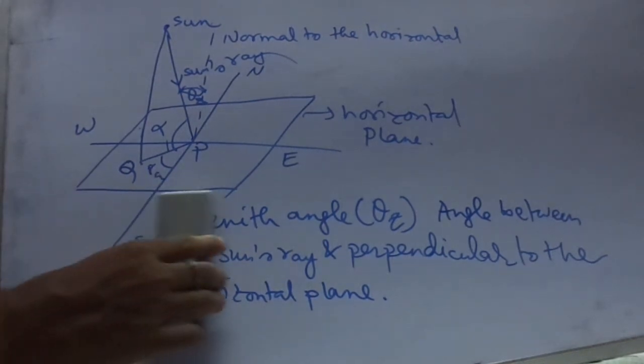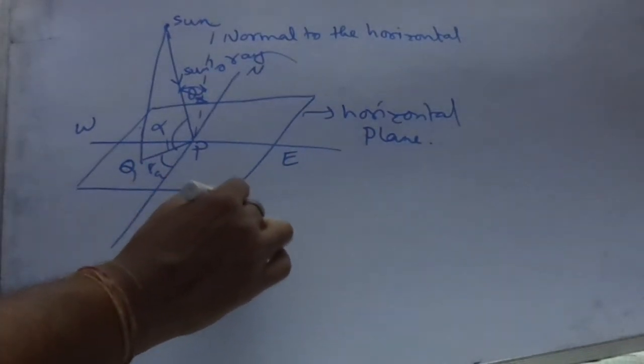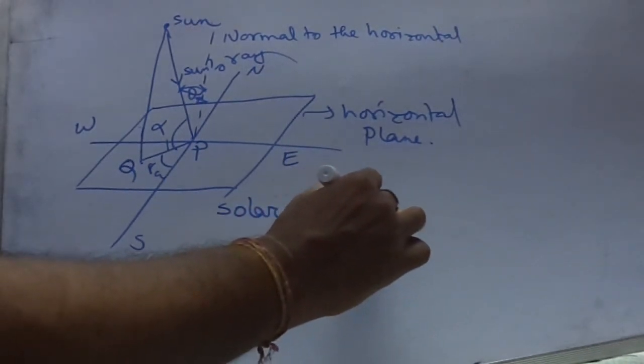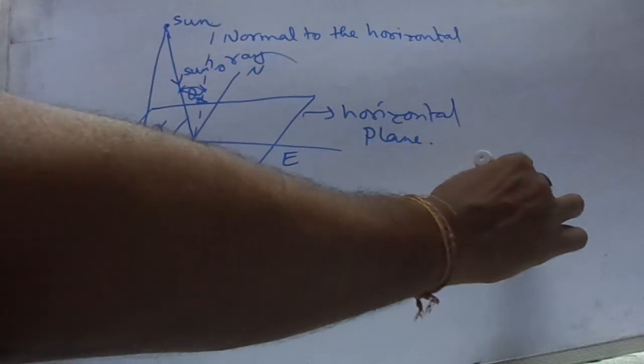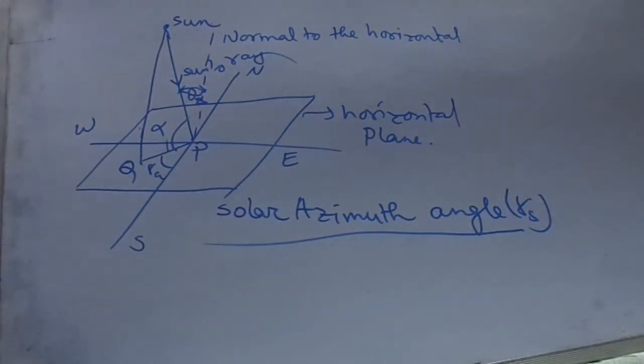Solar azimuth angle, gamma s. It is the angle on the horizontal plane between the line due south and the projection of the sun's ray on the horizontal plane.